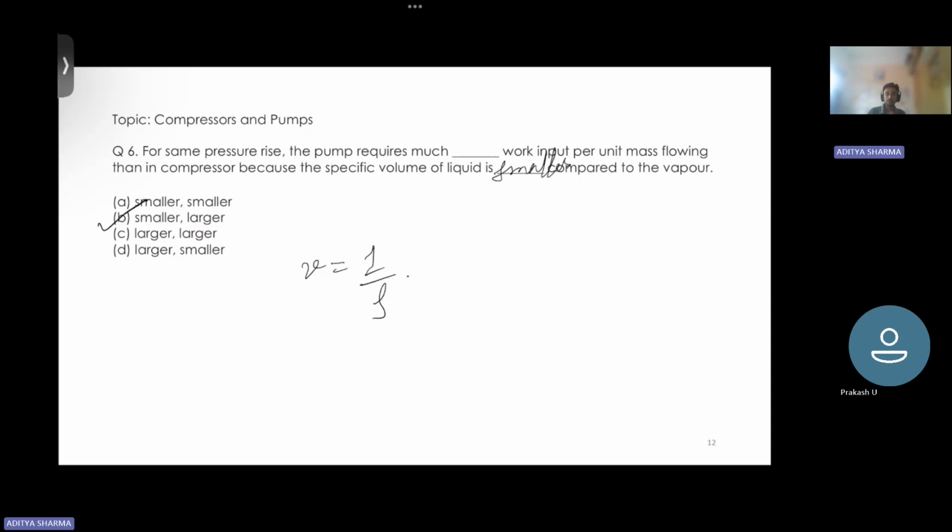And then if we see the work requirement, the discussion on compressors and pumps states that the work requirement in the case of pumps is smaller. If we have to compress a gas, it will take more work in comparison to liquids. So in that case, option A is correct, right?